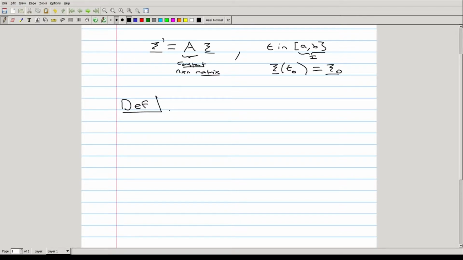So we let A, elements of which are A_ij, for i and j from 1 to n, be a constant n by n matrix.